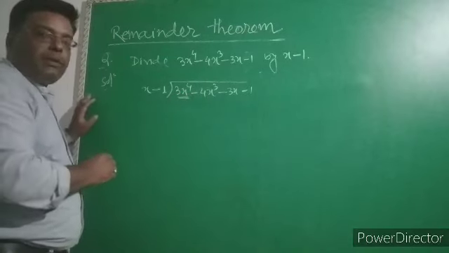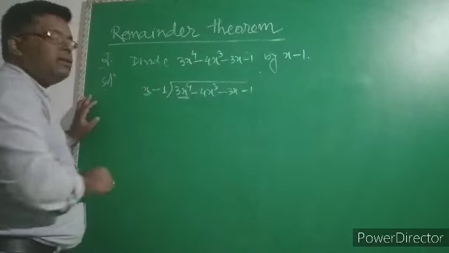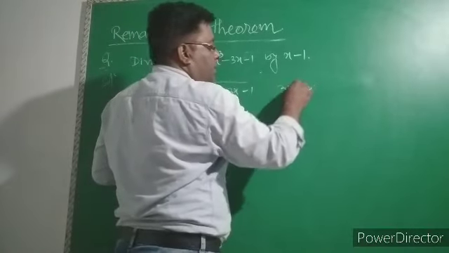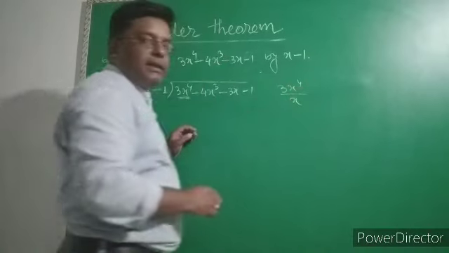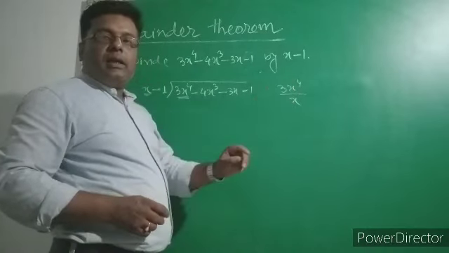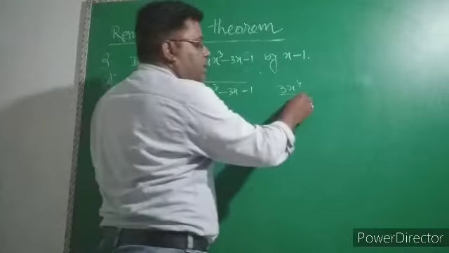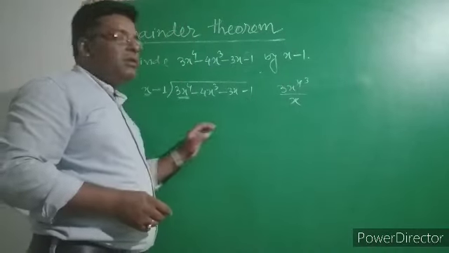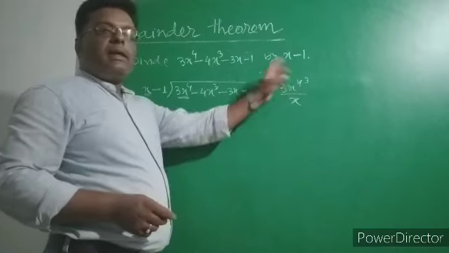First 3x to the power 4 should be divided by x. So what happens? 3x to the power 4 by x, that is x to the power 4 means x into x into x into x, 4 x's are multiplied. If we cut 1 x out of this, we get 3x cube here.